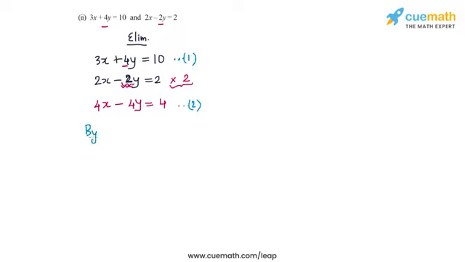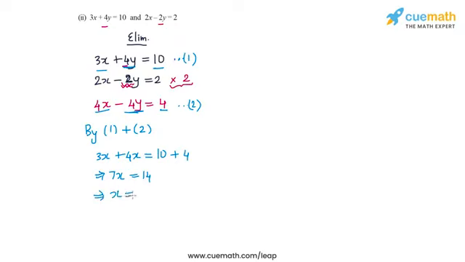And now if I do 1 plus 2, the 4y and minus 4y will cancel out, and on the left side I will have 3x plus 4x, and on the right side I will have 10 plus 4, and this gives me 7x is equal to 14, or x is equal to 14 by 7, or 2.